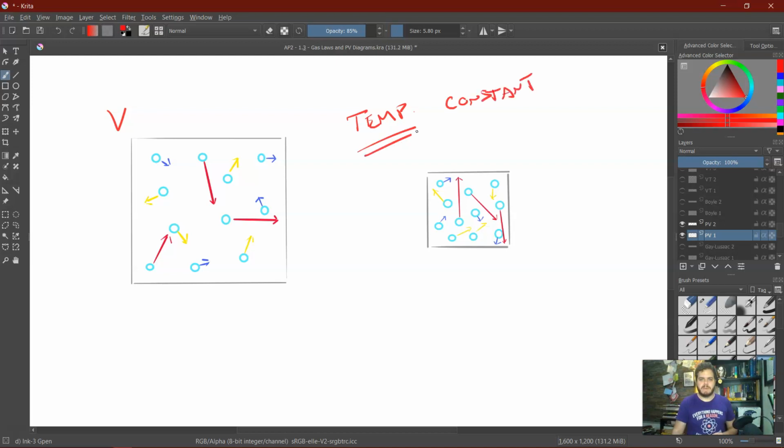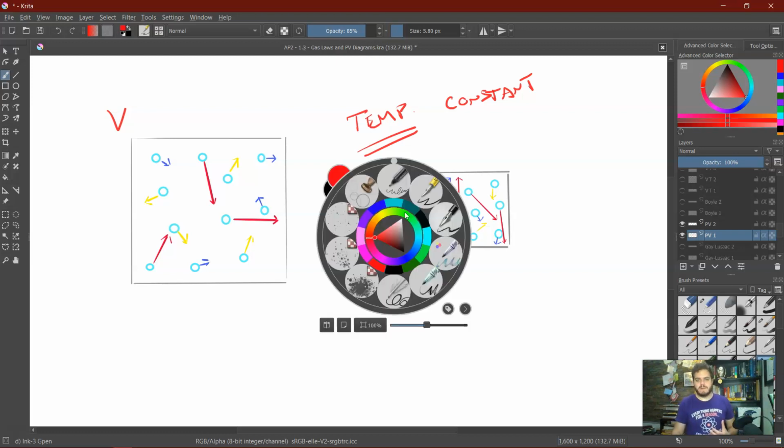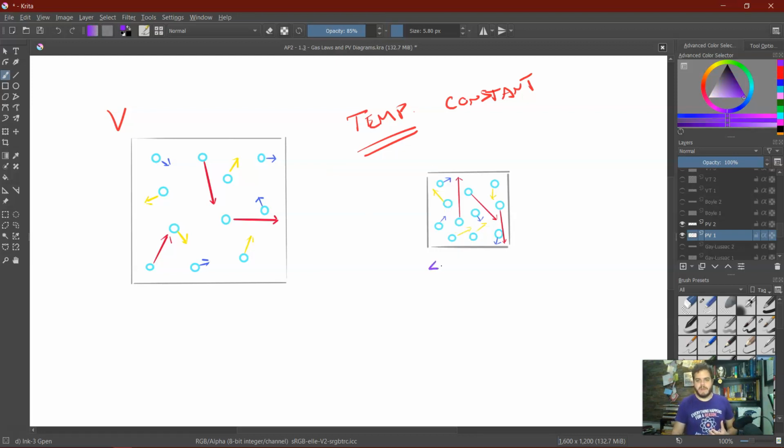We want to keep T constant, which means we need the average kinetic energy of all these particles to be equal to the average kinetic energy of all these particles. So all the particles should be moving at relatively the same sort of speeds. Well, if we look, since this is in a smaller volume, these molecules have way less distance to cover to get from one wall to the other than over in this situation.